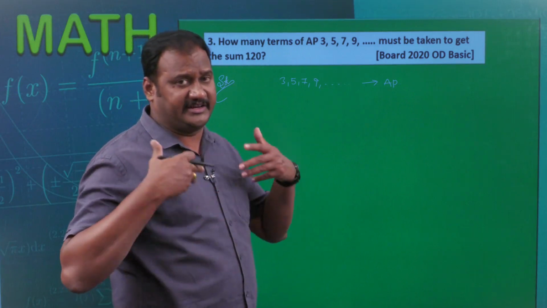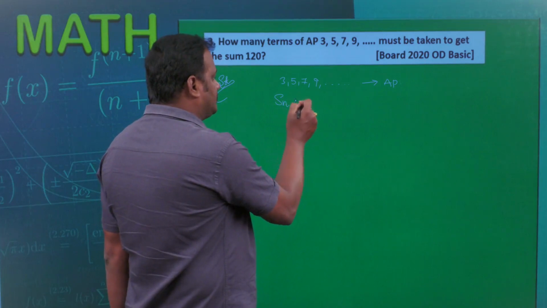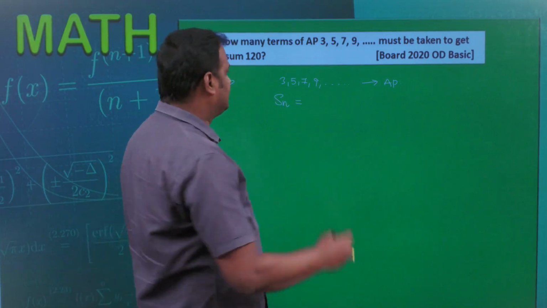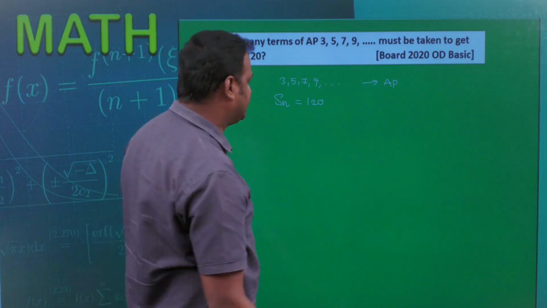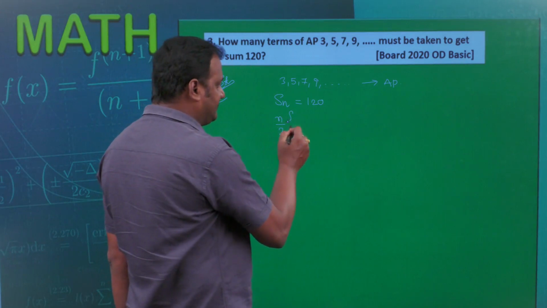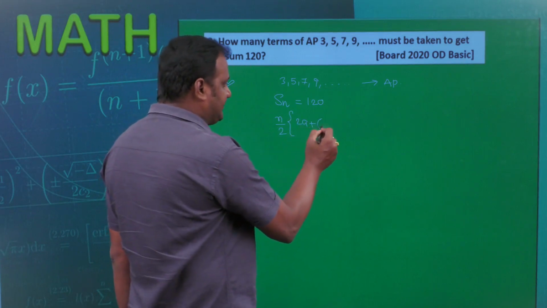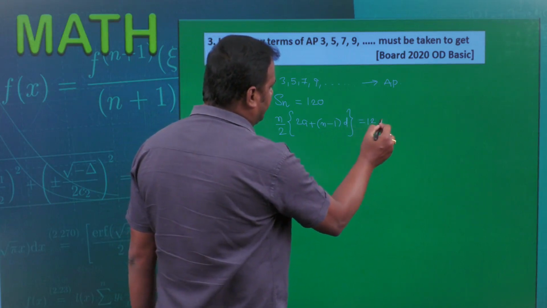We do not know how many terms we require. So the sum of n terms is equal to 120. So here we need to find out the value of n. Right. What is the formula for Sn?